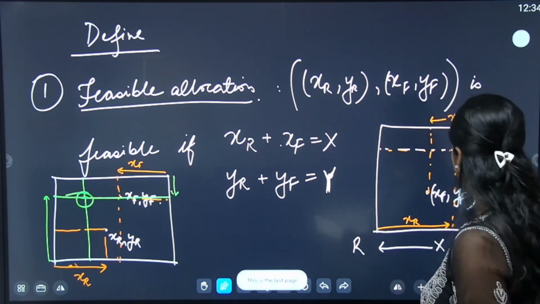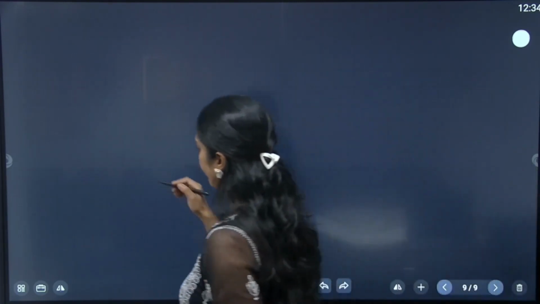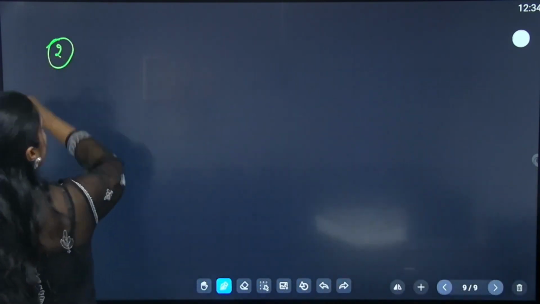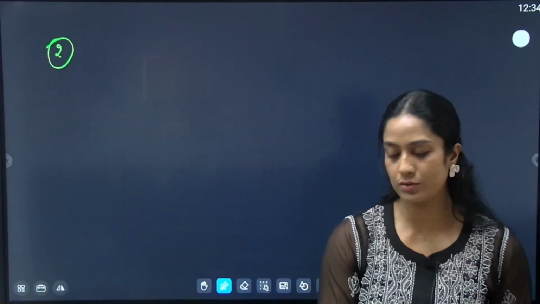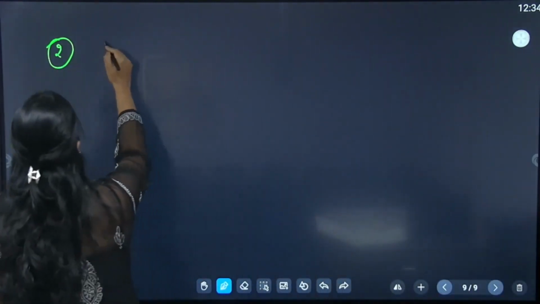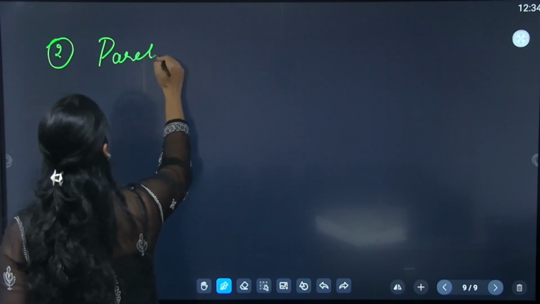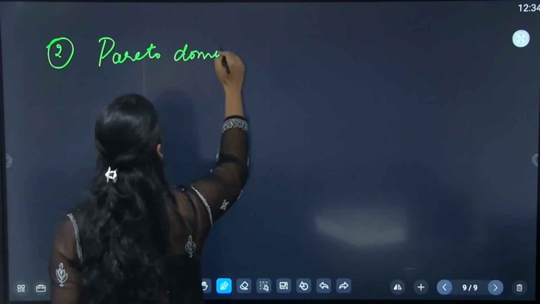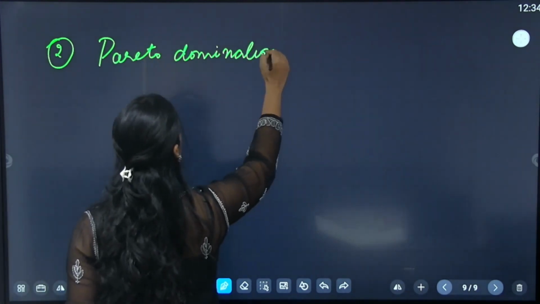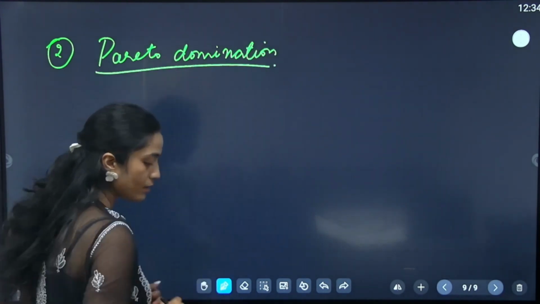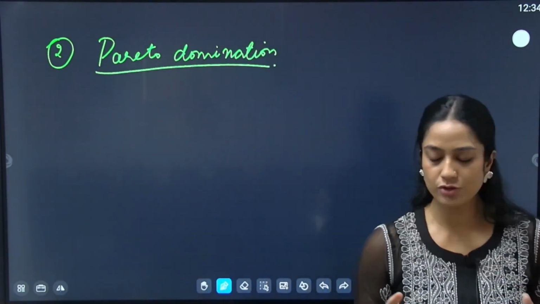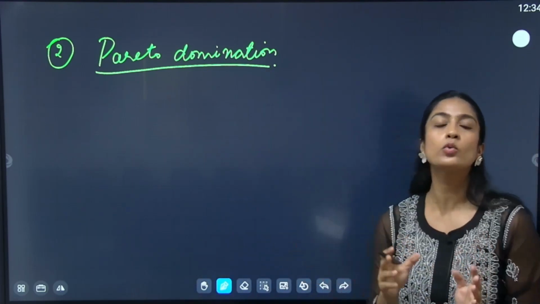Now let us talk about the second definition. This we will call Pareto domination. So what is the concept of Pareto domination? Suppose A and B are two feasible bundles.